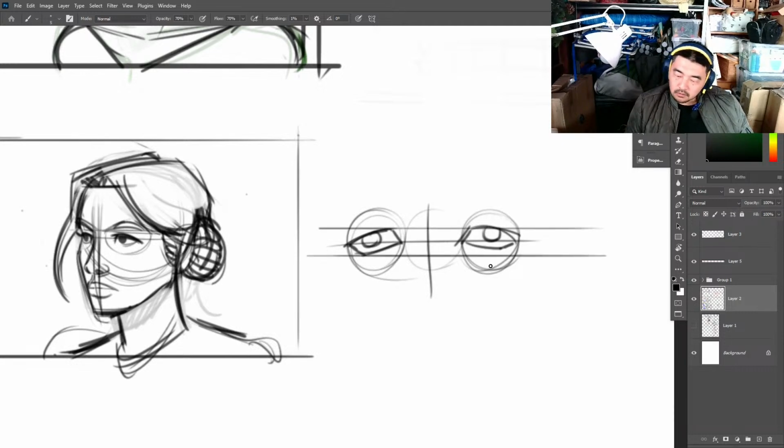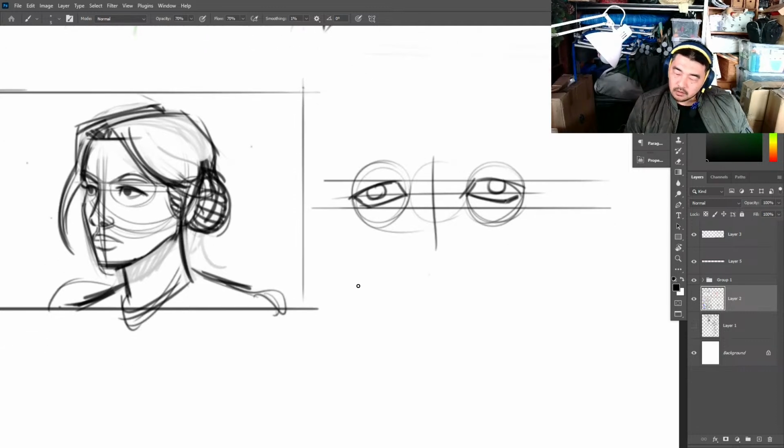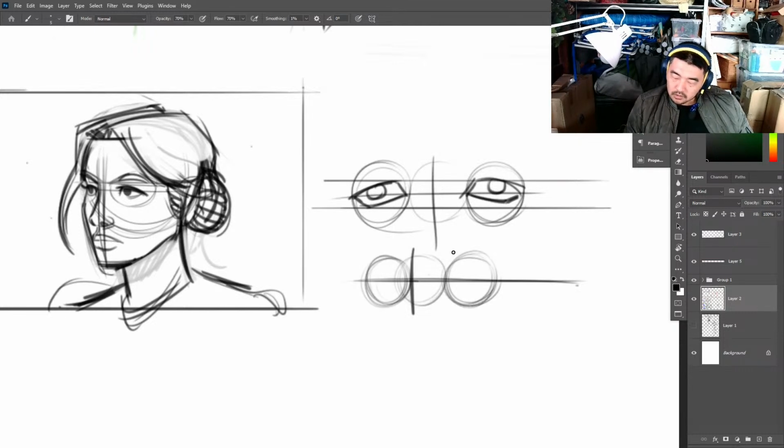See how it's all, well, I didn't do it perfect, but that's okay. What I do for 3/4, you off-center it like that. Then you have the middle of the eye. It's all about the same size, same height.